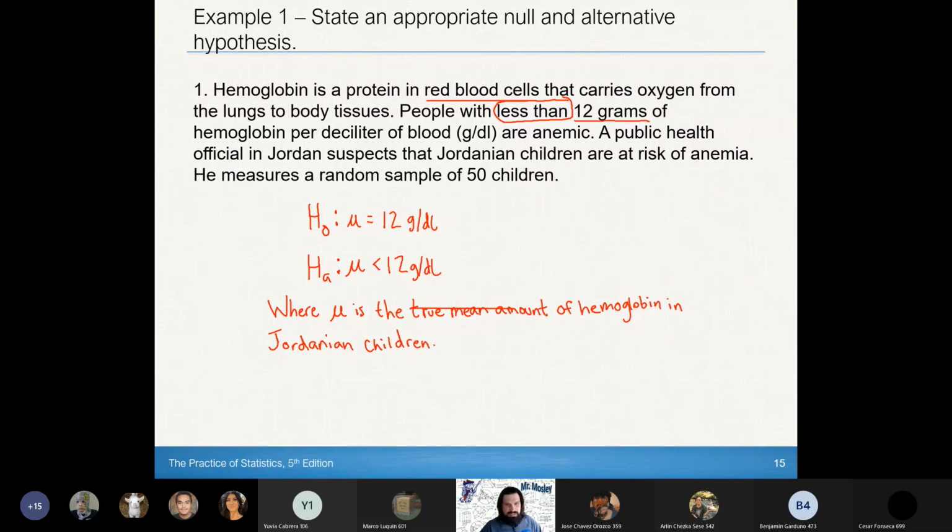We need that last statement stating what mu is. Otherwise, we've just provided a variable that's not been identified. That's a big no-no.